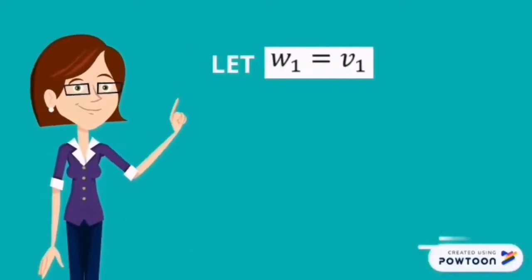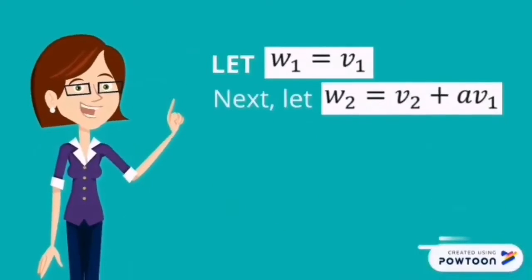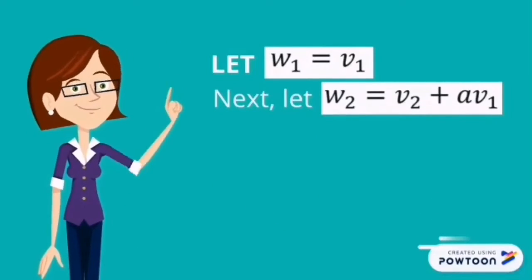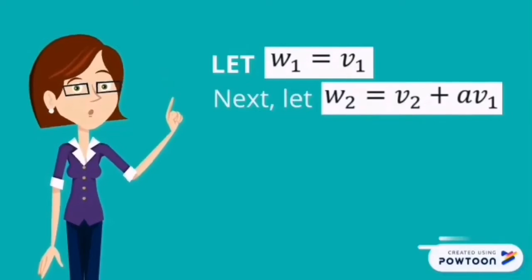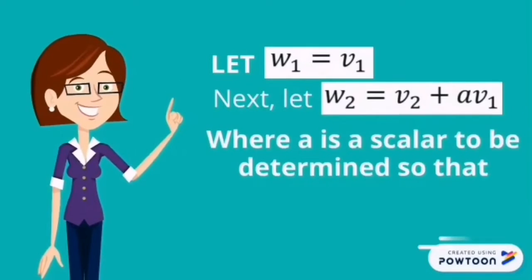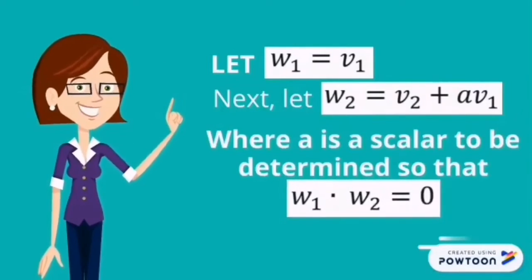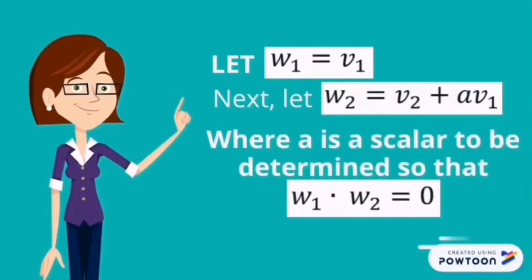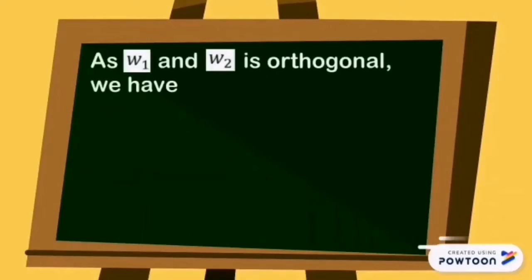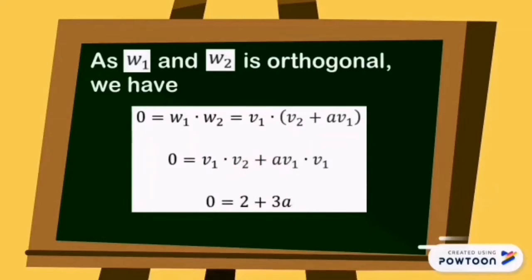Now, let W1 equal V1. Next, let W2 equal V2 plus A V1, where A is a scalar to be determined so that W1 dot W2 will equal 0. As W1 and W2 are orthogonal, we have 0 equals W1 dot W2 equals V1 dot (V2 plus A V1).